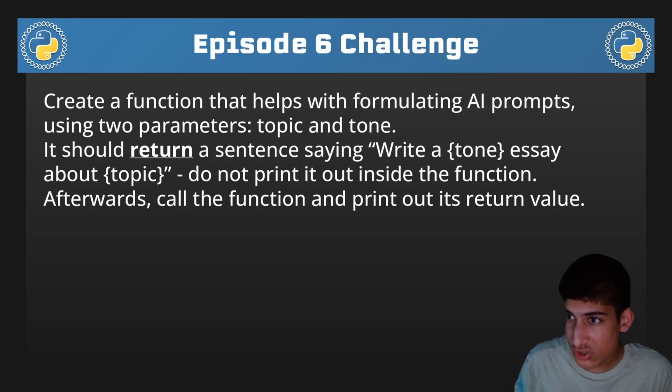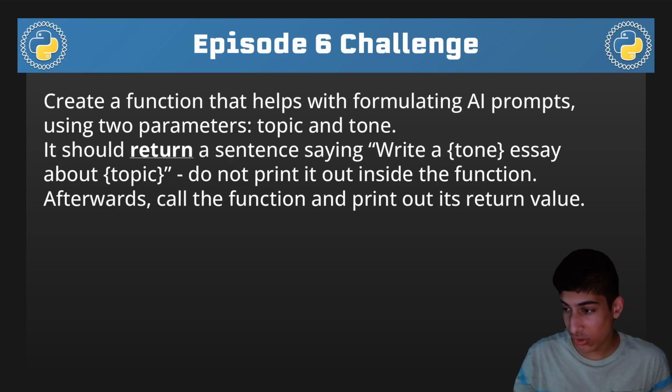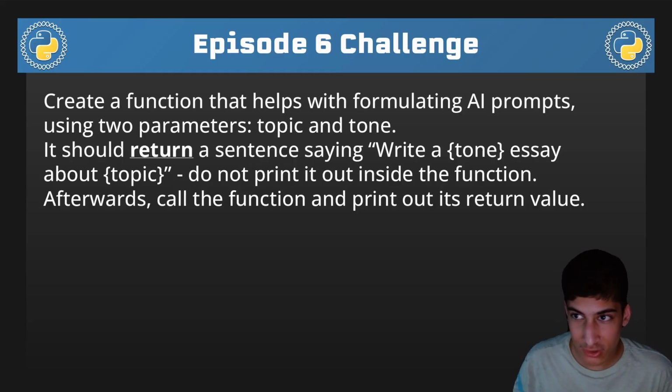For the final challenge of the Python Basic series, since we're going to be moving on to how to use AI to code Python next, let's do an AI related challenge. So your task is to create a function that helps with formulating AI prompts. You want to get two parameters from the user, topic and tone.